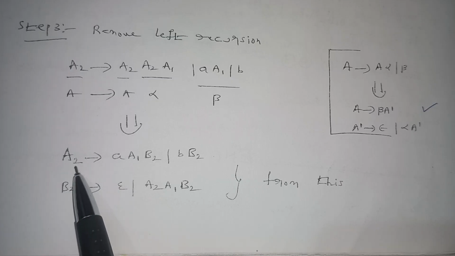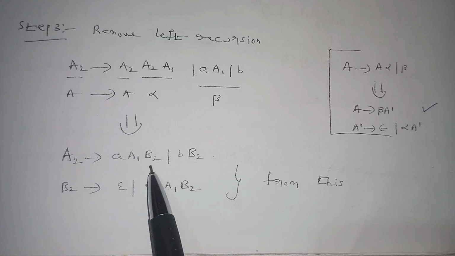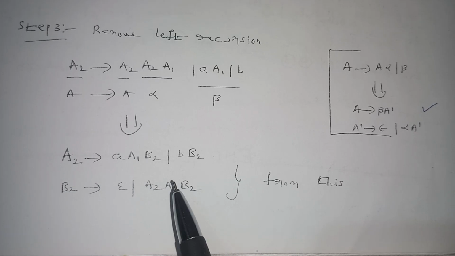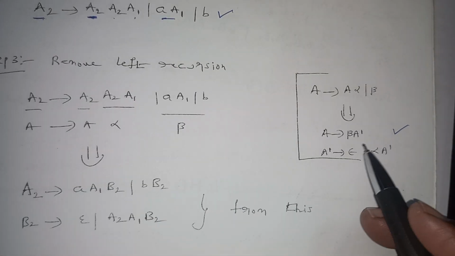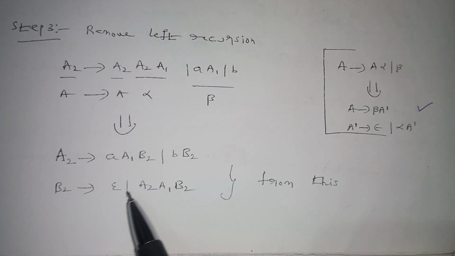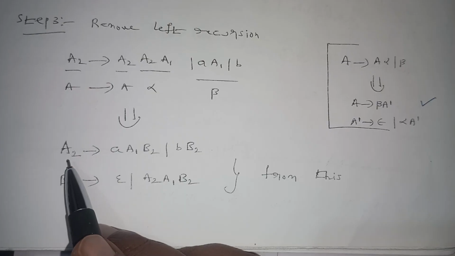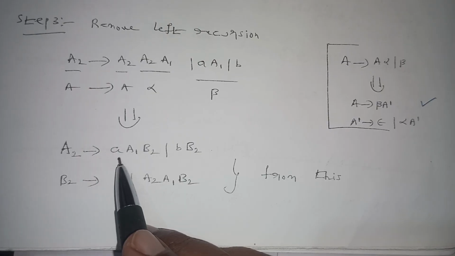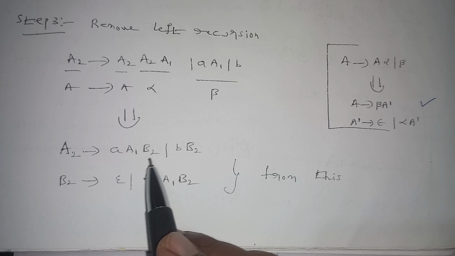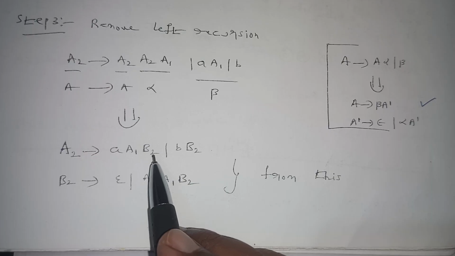A2 tends to A1 B2. You may have a doubt why I'm not taking A dash. You take whatever name you want. So actually A2 tends to a A1 A dash, but here I am taking B2 to avoid some confusion.